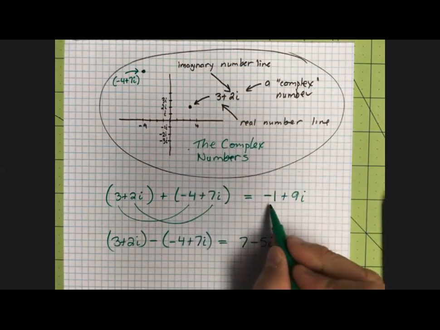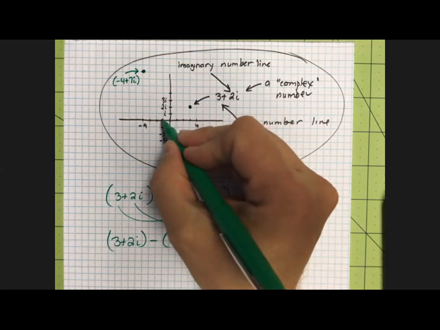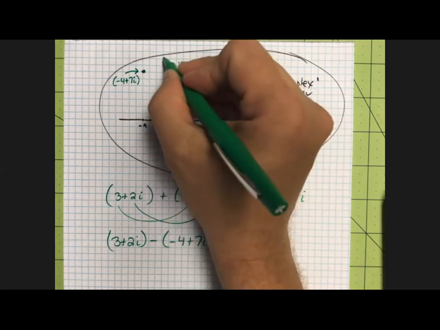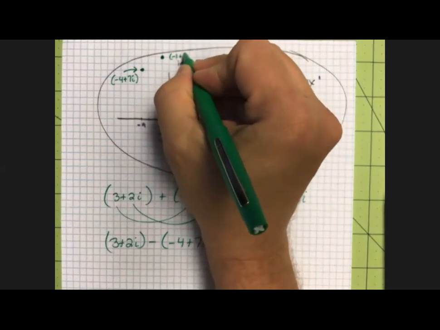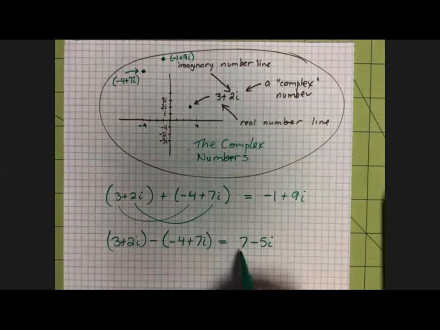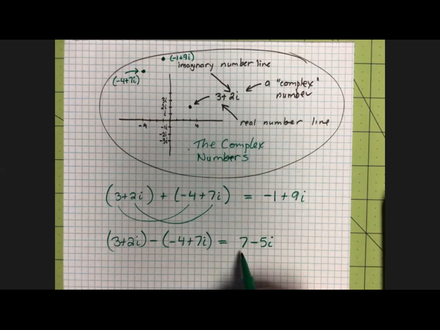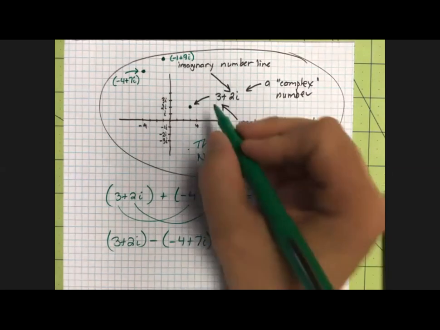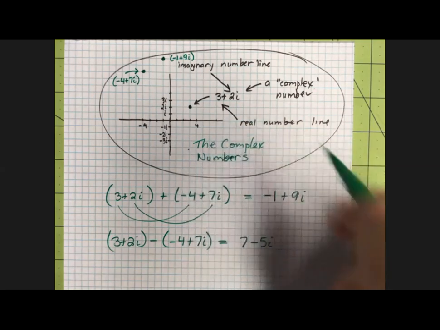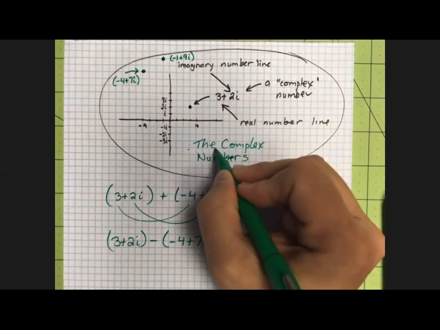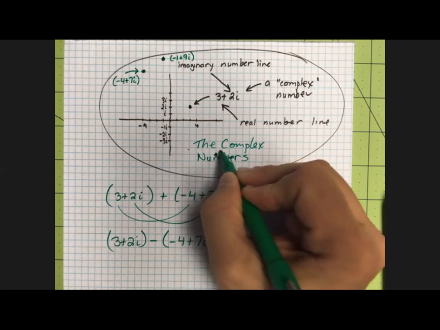When I added them, I got -1 plus 9i, which is up here. When I subtracted them, I got 7 minus 5i, which is down here. I'm getting a little bit too littered in this drawing.